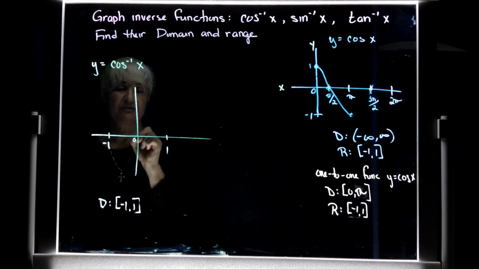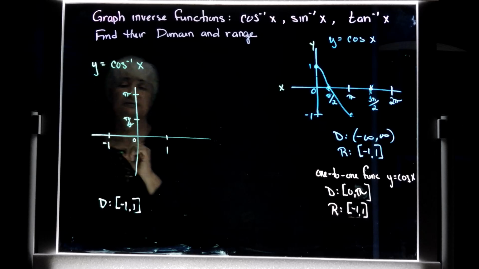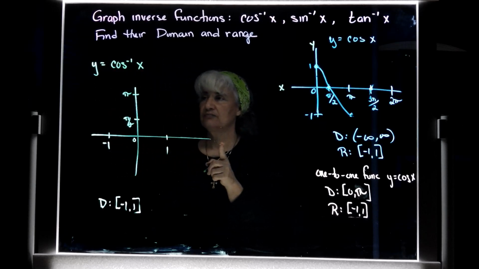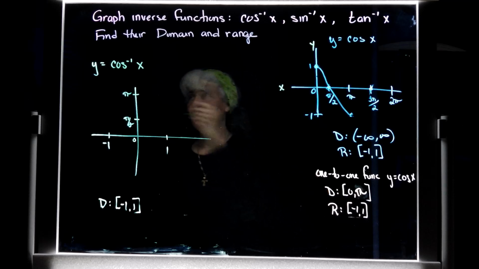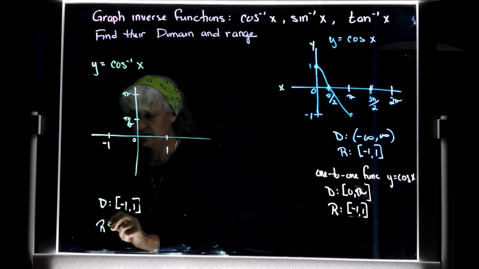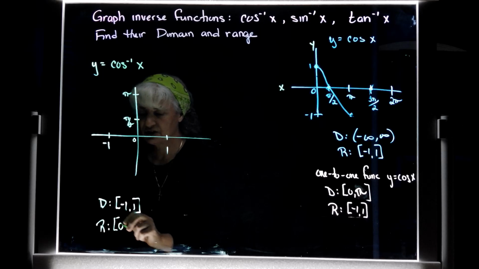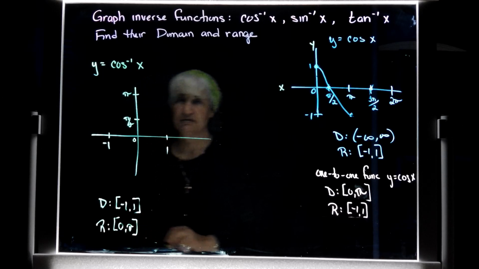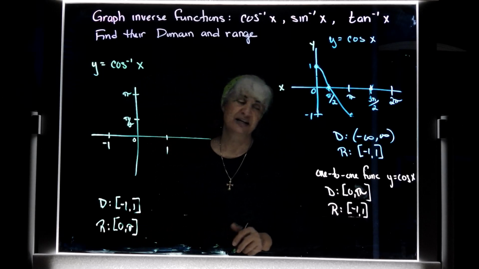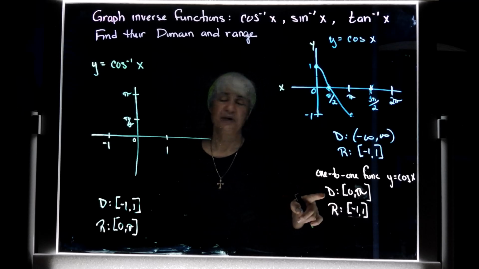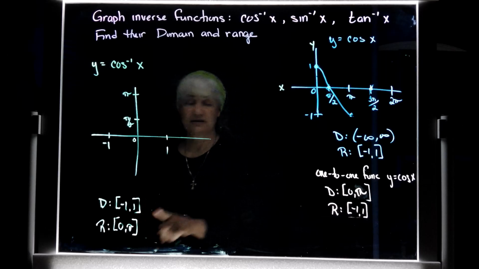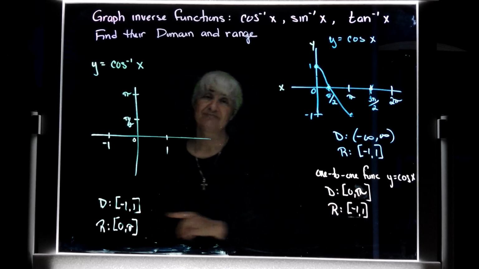So we have 0, here's pi over 2, and here's pi. But wait. The x's switch to the y's, which means they become the range, which means the range goes from 0 to pi. That's the nice thing about one-to-one functions. The domain becomes the range, and the range becomes the domain.